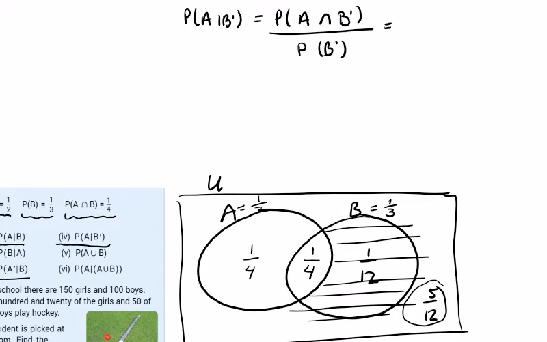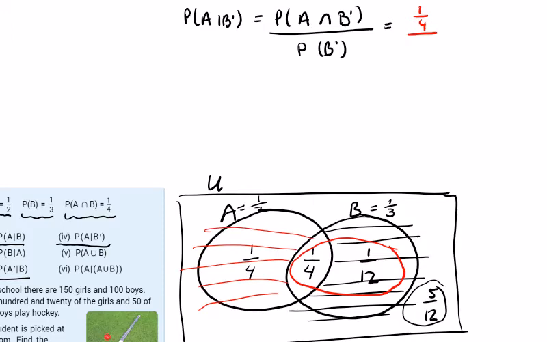Just change the color here. Where does A cross over with everything outside of B? You can see it's the opposite here. It's this quarter. So that's a quarter divided by the probability of everything outside of B. Well, this is inside of B, a third. So everything outside of B is 2/3. So we're going to end up with 3 over 8 here. 3 multiplied by 4 over 2, 3 over 8, 0.375 is the decimal.